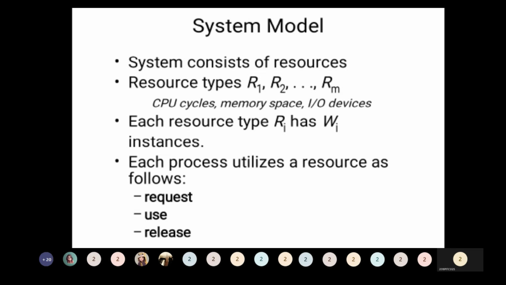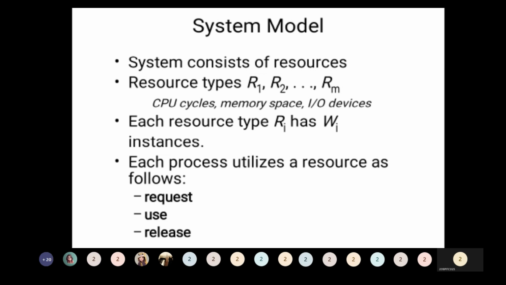Take the resource types named as R1, R2, Rm. What might be the resources is your CPU cycles, your memory space, input output devices, all these things we can take as one type of resource. Each resource type in general taken as Ri has Wi instances.